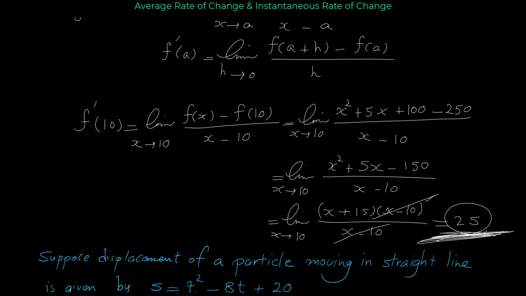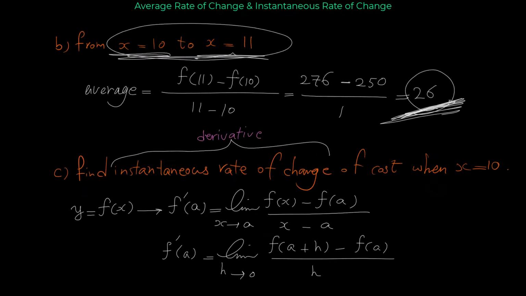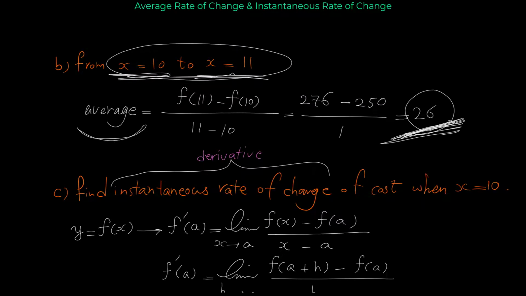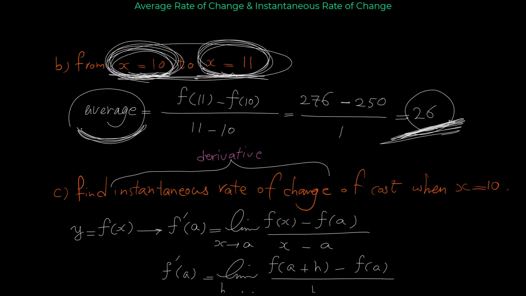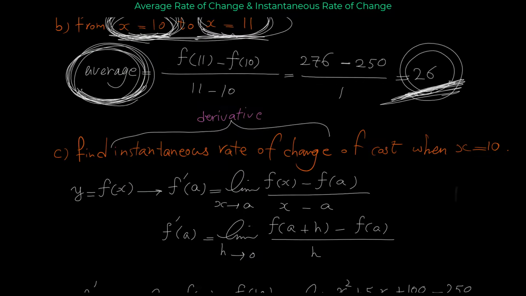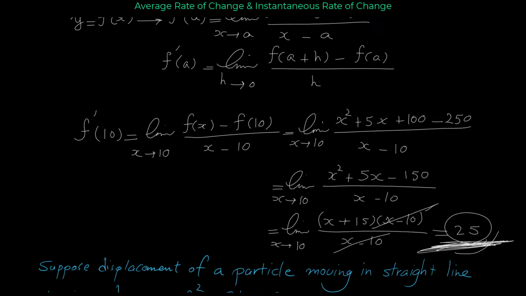Basically, when in the average rate of change these two numbers are close to each other, 11 is relatively close to 10, the value that we get from the average rate of change is close to the instantaneous rate of change.